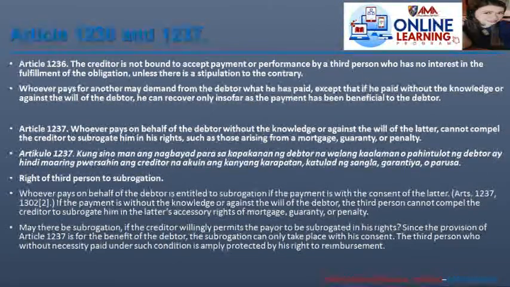So the third person who without necessity paid under such condition is amply protected by his right to reimbursement. Kung halimbawa, hindi naman din alam ni debtor na binayaran nga ni C ang kanyang utang, ang pwede lang habulin ngayon ni C ay kung ano yung naibayad niya. Pero kung ang pag-uusapan natin ay mapasa kanya yung right ng taong binayaran niya, no, sinalo niya sa utang, ay hindi po pwede. Okay?